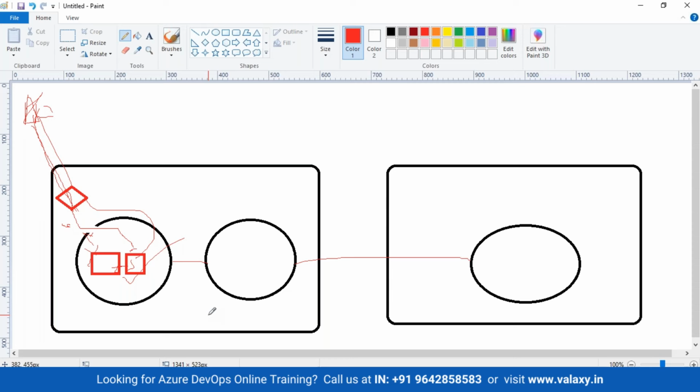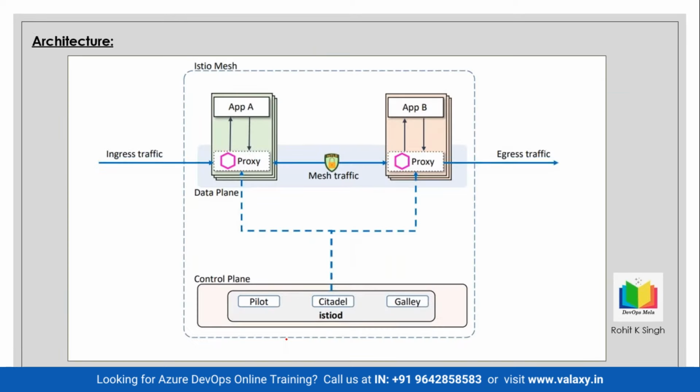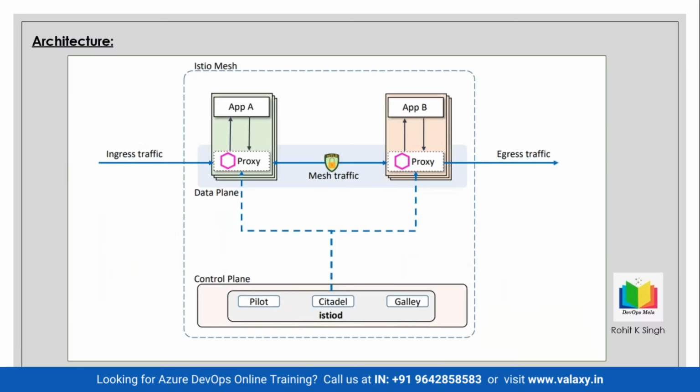All these checks can be done using this tool. There are so many other things Istio does, which we'll talk about later. But the main important part is that Istio has no code change. This is how the diagram looks, guys. This part is called the pod.